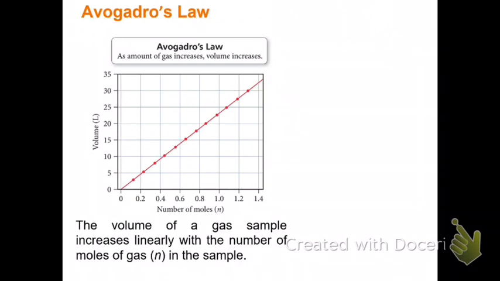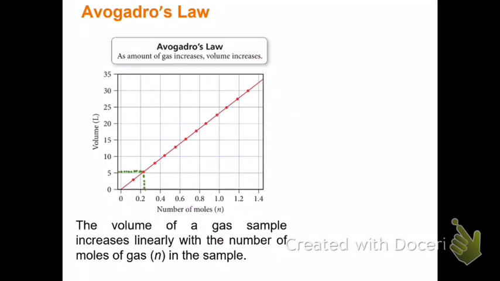All right, and you can see that graphically here. As the number of moles increases from left to right, the volume of the gas also increases from bottom to top. Let's pick a point here, about 0.25 moles. Right here, the volume is roughly 5 liters.